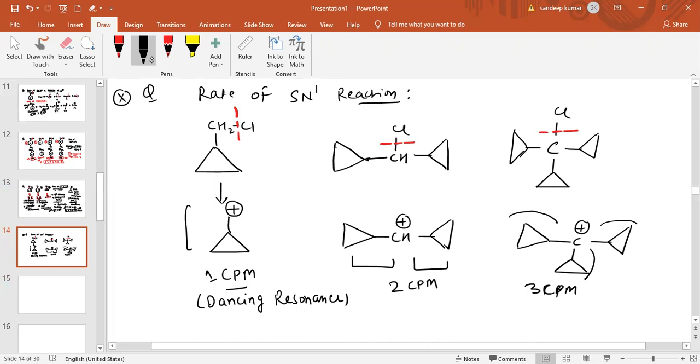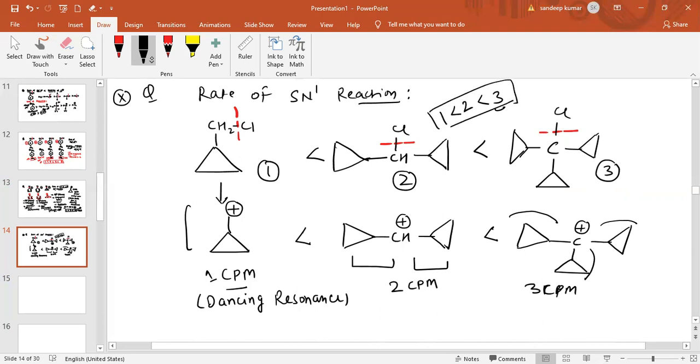More CPM rings means more resonance, and more resonance means more stability of the carbocation. So the rate of SN1 is faster for the third, then the second, and then the first. The third is the most stable carbocation, therefore it has the highest rate of reaction, then the second, and then the first. So this is basically the rate of SN1 reaction.